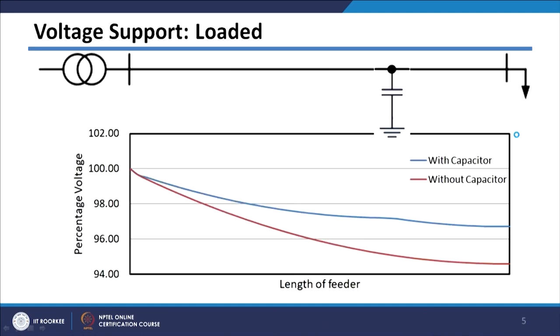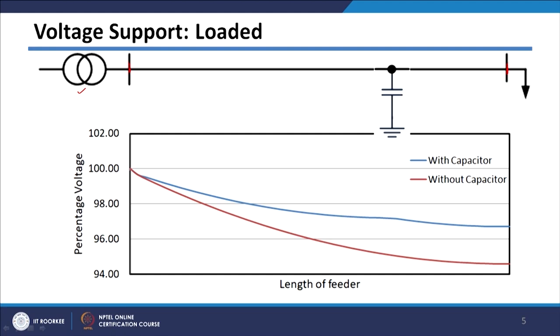Now, let us see how capacitor banks provide voltage support. I have drawn two cases. This is your feeder, say this is the substation transformer, and the feeder is starting from this substation bus to your load bus. I have plotted the voltage of this feeder from the substation end to the consumer end.